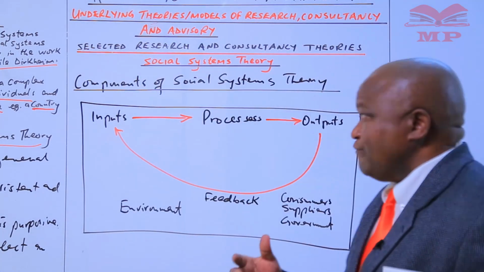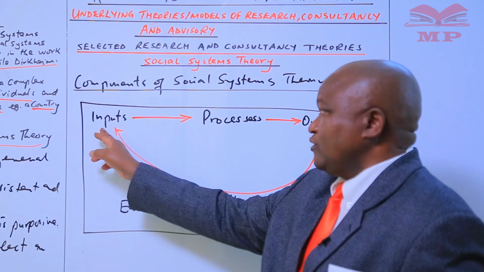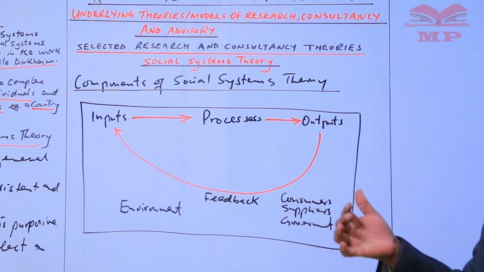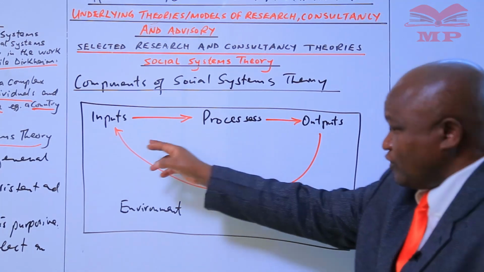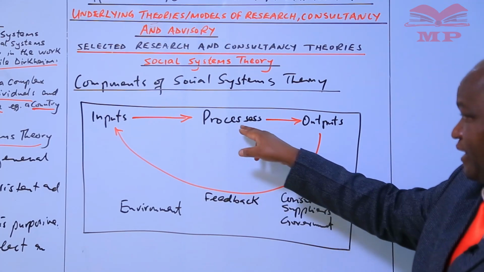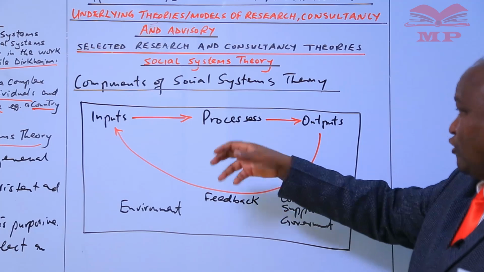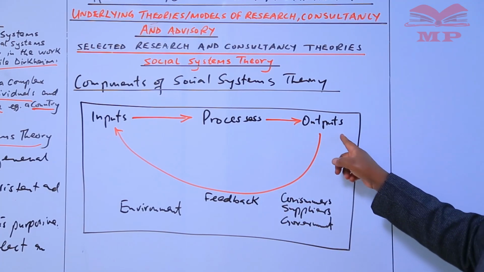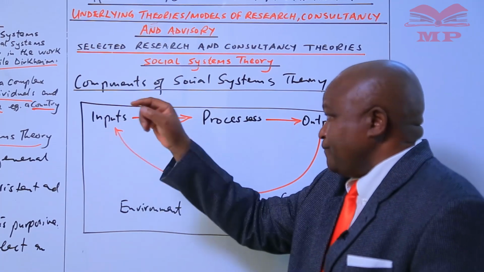If you are taking a company, for example, an organization that receives raw materials, these raw materials will be processed. For example, if it is tea, it will be brought in as raw materials. It will undergo a process from the green leaf, maybe raw leaf and so on, to semi-processed outputs, which can now be dried. For example, tea leaves may be packaged. Then feedback is given to the output.